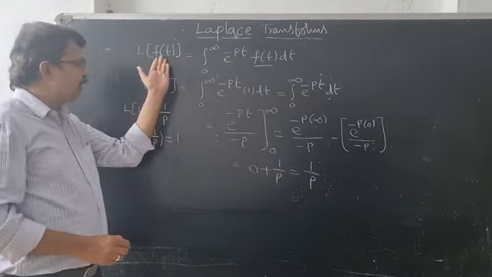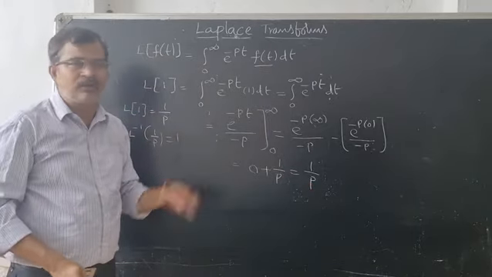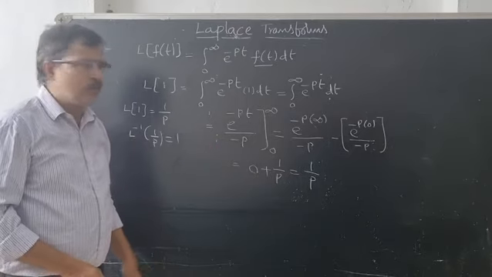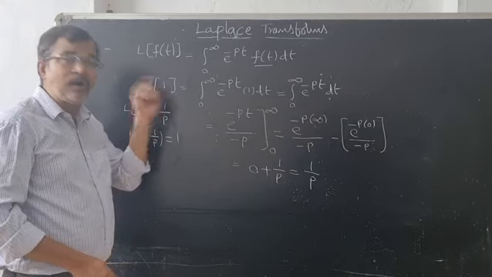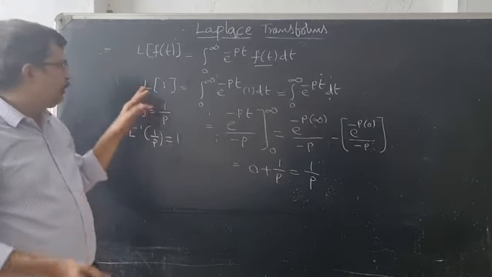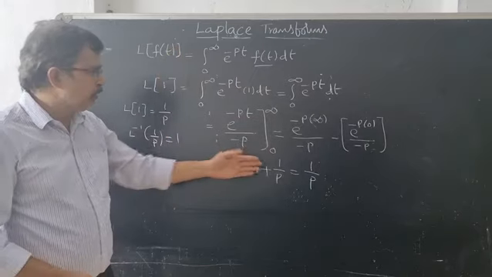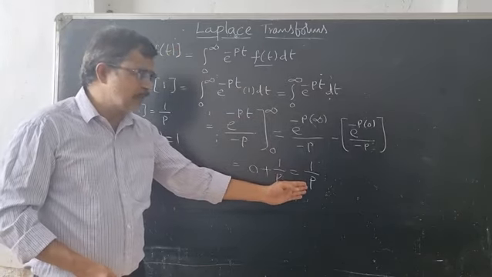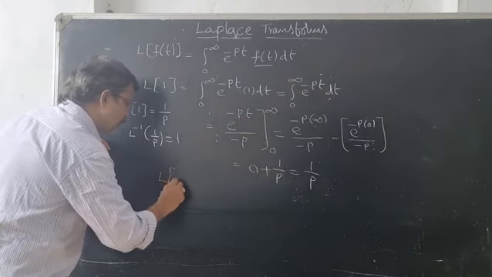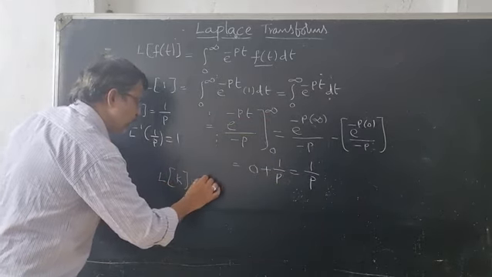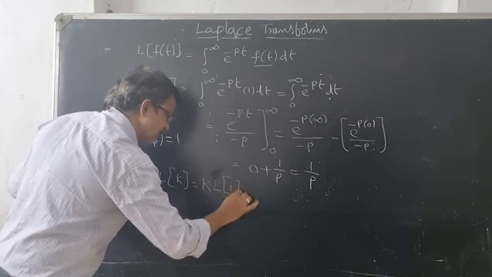F(t) becomes a function in terms of p, that is the transformed formula. We also get the Laplace of a constant. Very simple: Laplace of k means k into Laplace of 1.